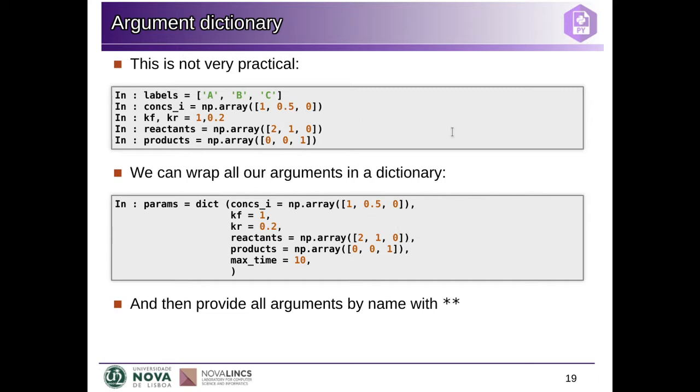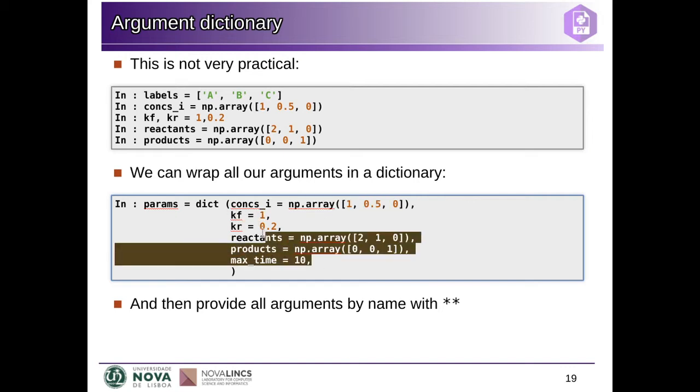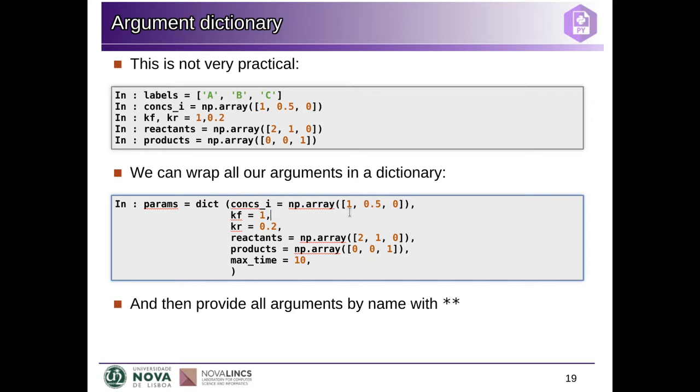You can either create your dictionary in the usual way, so curly brackets and some key, for example, concentrations, and then colon and so on, or you can just call the dict constructor with named arguments corresponding to your keys. So if your keys are all strings, you can do this like this. So this would be a string const I with this array, kf with this one, and so on. And we create a dictionary with all the arguments we're going to need to give to our function.